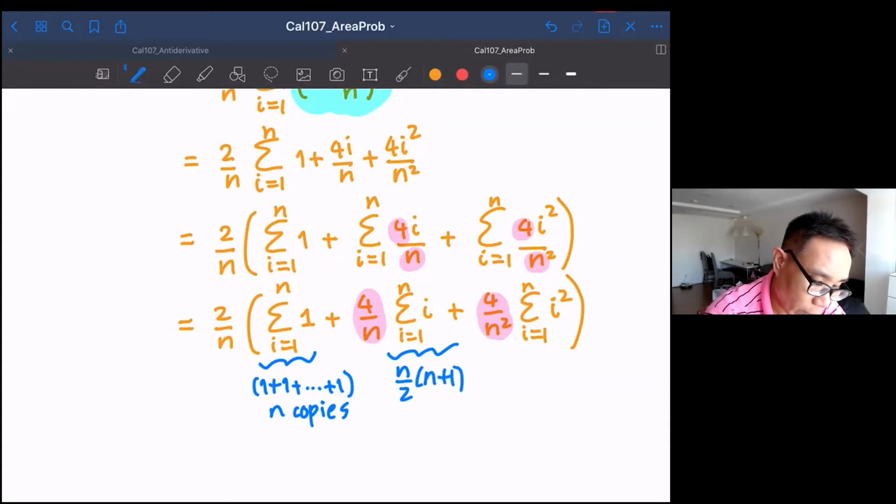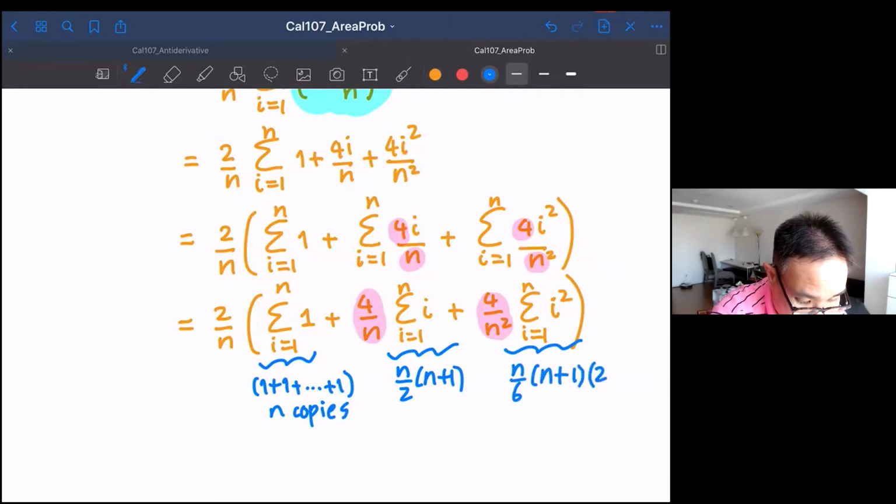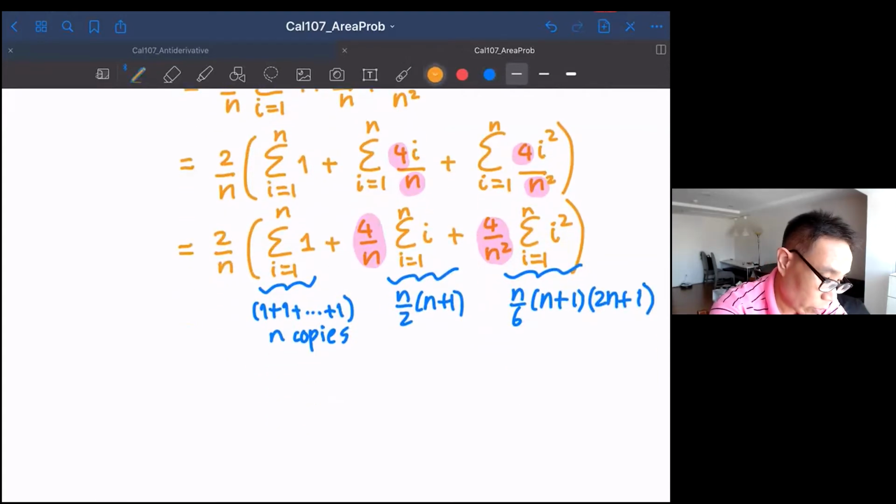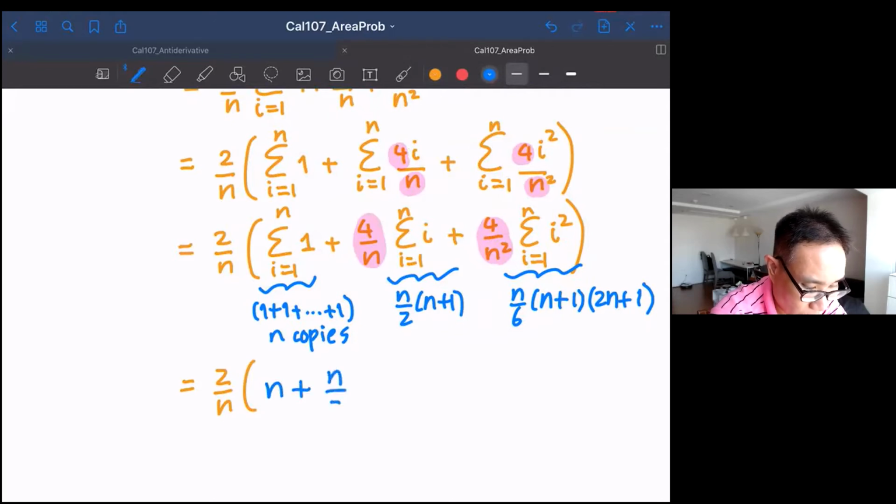And for this guy, it's going to be n over 6 times (n plus 1) times (2n plus 1). So you get 2 over n times the sum from i equals 1 to n, so this guy gives you n.